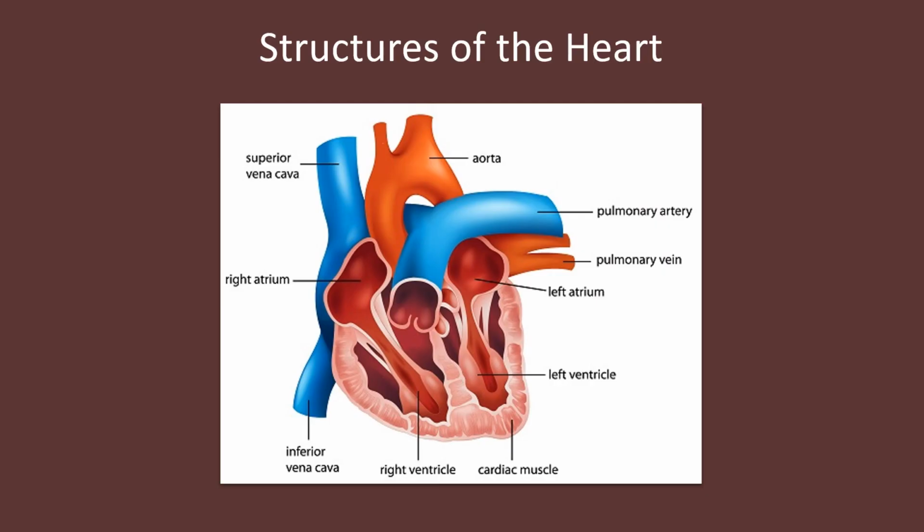This is a basic diagram of the heart and the major vessels leading to and going away from the heart. We have the pulmonary veins, which bring blood from the lungs. Pulmonary, meaning lungs, brings oxygenated blood from the lungs to that left atrium, and it goes to the left ventricle.